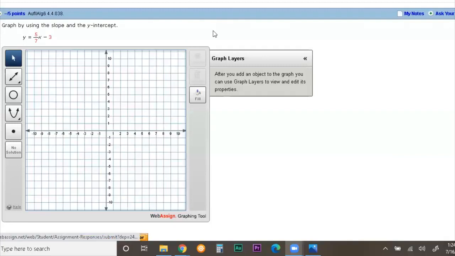So we're looking at the form y equals mx plus b. The slope is m and the y-intercept is b.